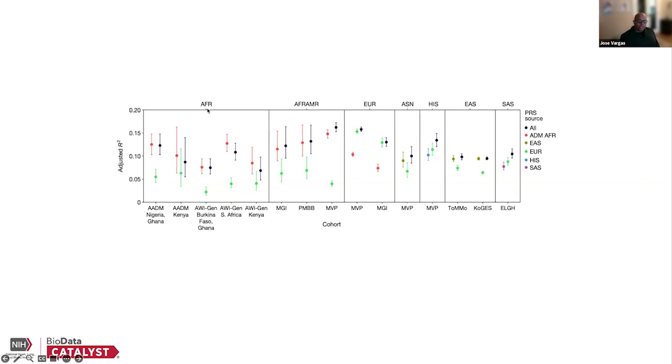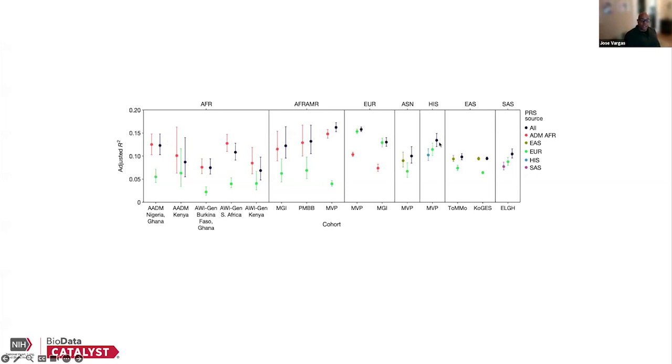And you can see the different ethnicities here: African American, this is admixed African Americans, Europeans, Asians, Hispanics, East Asians. And you can see that the polygenic risk score that uses everybody is the one in black here. And you can see that this polygenic risk score performs very well, regardless of what ethnicity it is employed in.